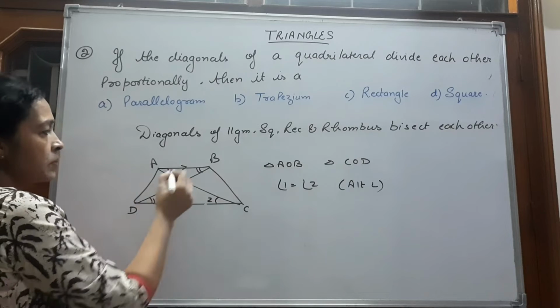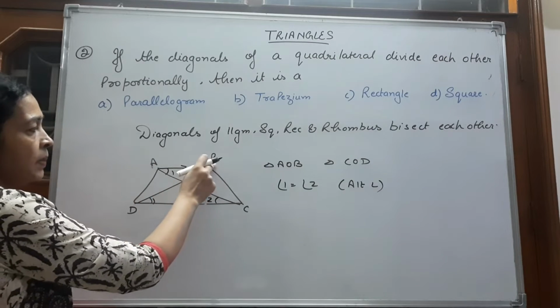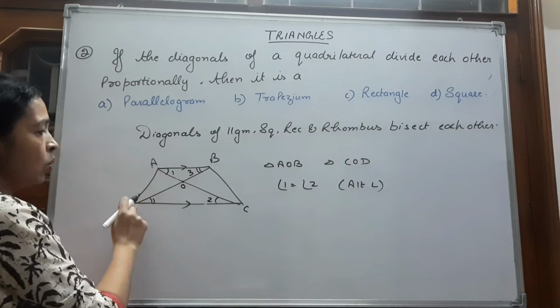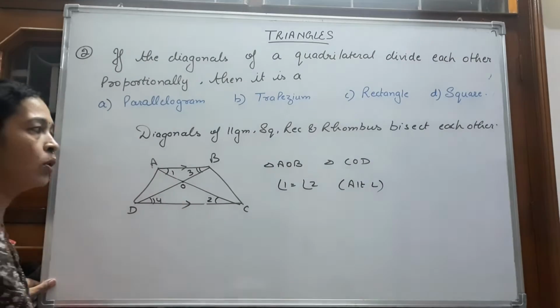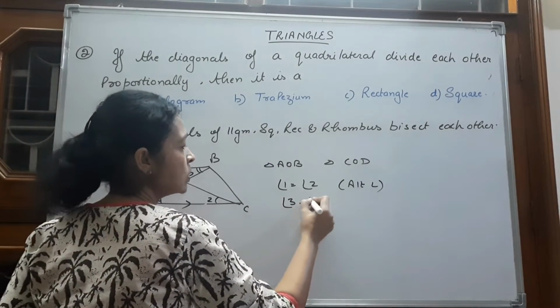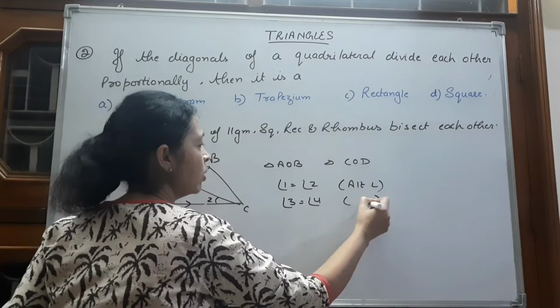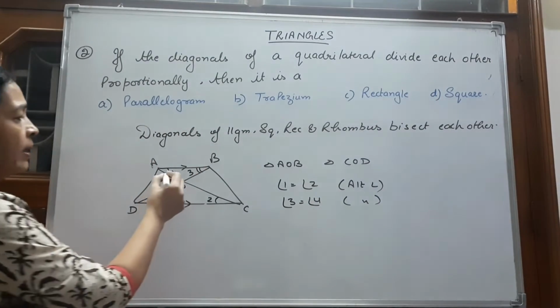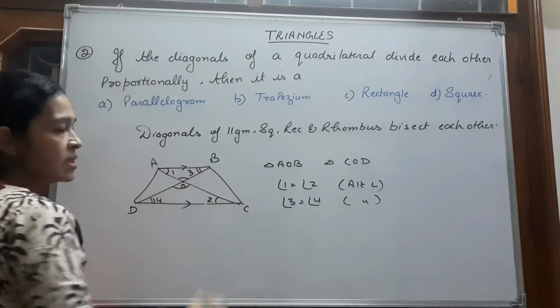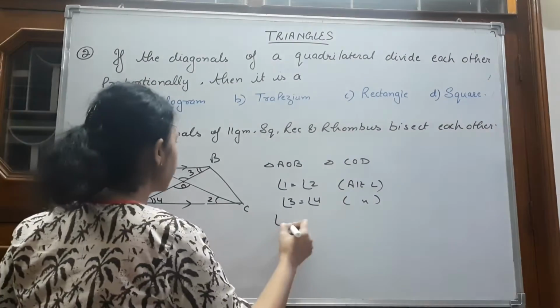Say angle 3, angle ABO, equals angle ODC, say angle 4. Angle 3 is also equal to angle 4, again alternate angles. And angle AOB equals angle COD, vertically opposite angles.